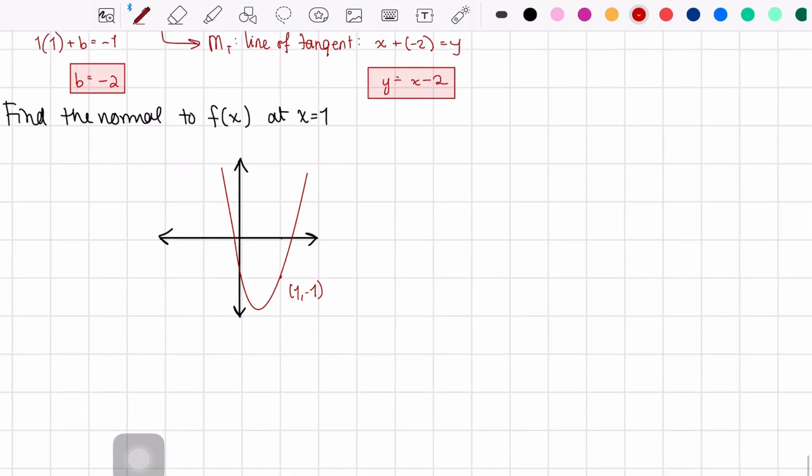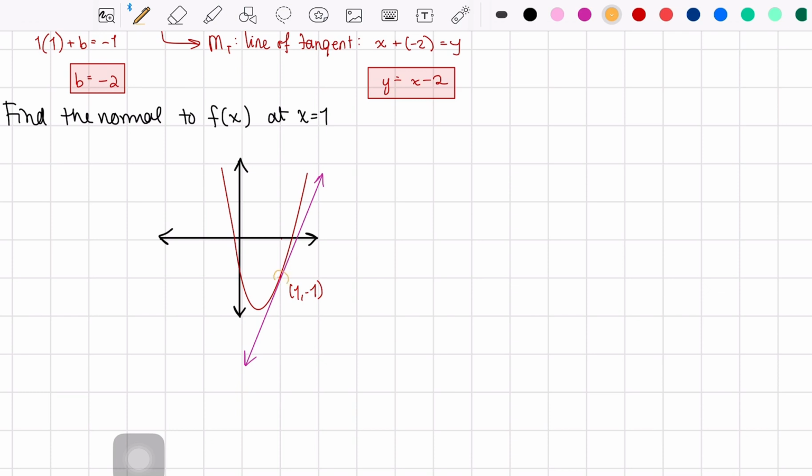And now we have our tangent. We have this beautiful straight line, and we know its equation, and we're all good on that. But they asked us to find the normal. Now, a normal is a line that is perpendicular to the tangent at the point of tangency.